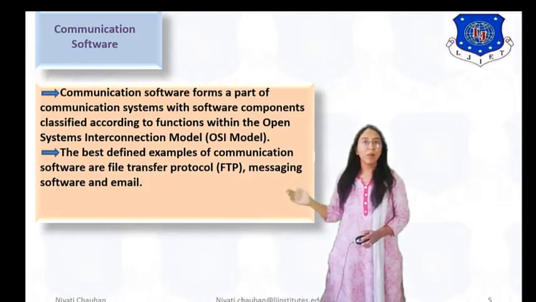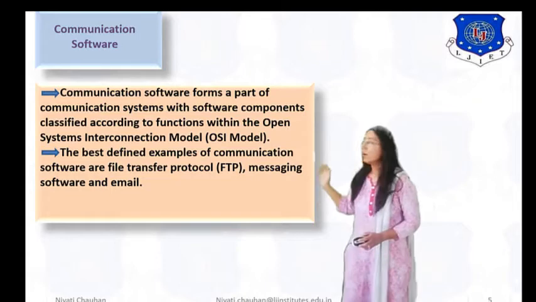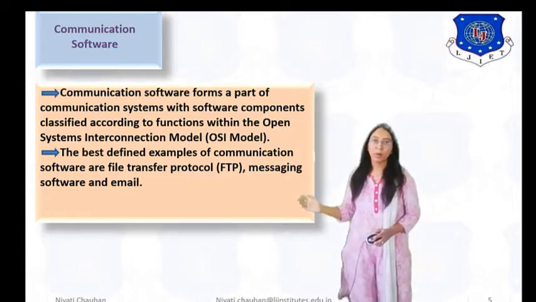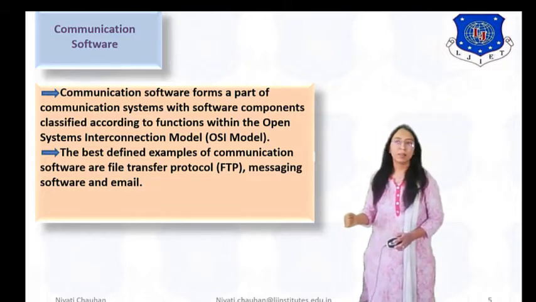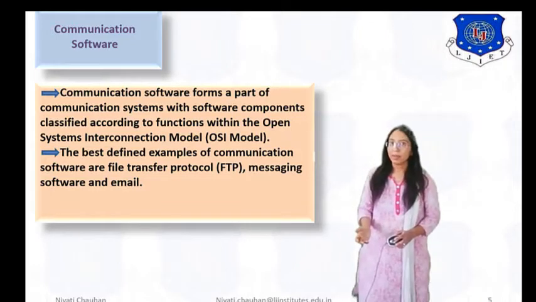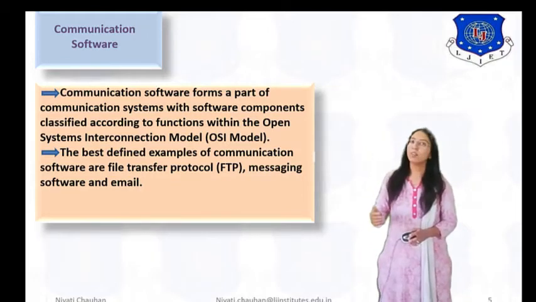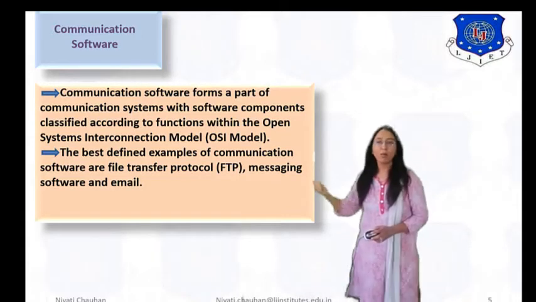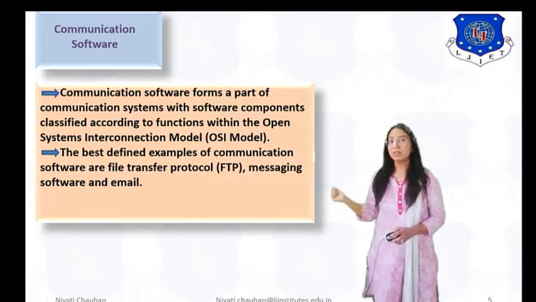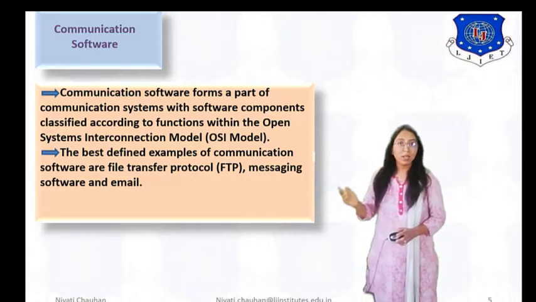The best defined examples of communication software are File Transfer Protocol (FTP), messaging software and email. We send our messages in the form of text messages and mail. So for file transfer, we are using File Transfer Protocol (FTP).